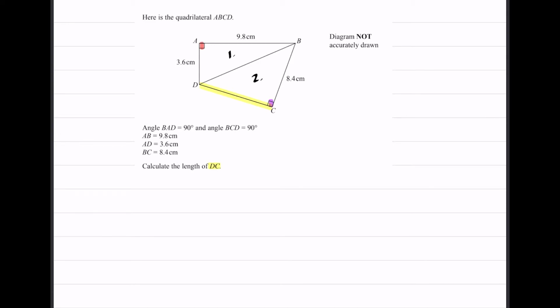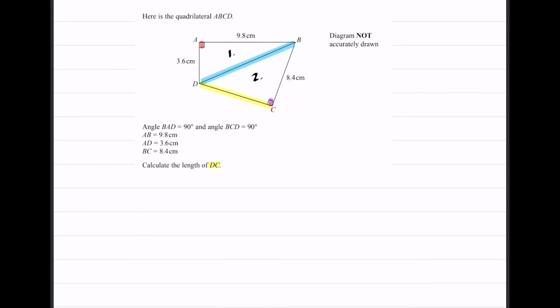If I look at triangle number 1 and ignore triangle number 2 for a minute, I have both of the short sides of triangle number 1, which means that I would be able to calculate the hypotenuse of triangle number 1, line BD. BD is also the hypotenuse of triangle number 2. So once I calculate this value, and I have the 8.4, I would then be able to determine the DC.